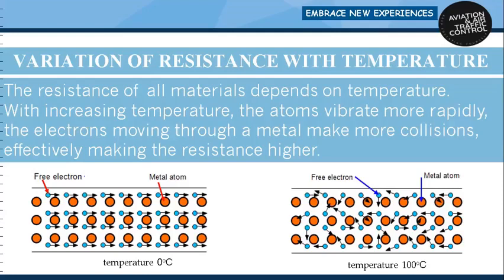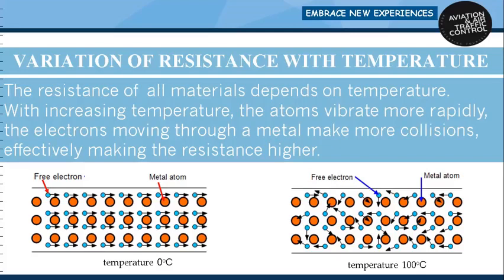Variation of resistance with temperature. The three factors which affect the resistance are the length of a conductor, the area of a conductor, and the type of conductor material. The fourth major factor influencing the resistance of a conductor is temperature. The resistance of all materials depends on temperature. With increasing temperature, the atoms vibrate more rapidly.